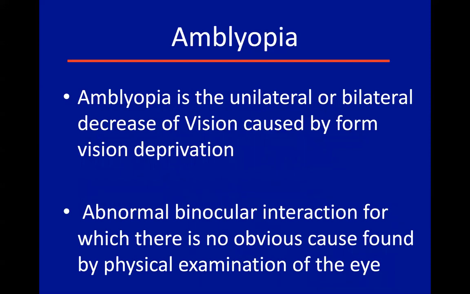Amblyopia is the unilateral or bilateral decrease of vision caused by form vision deprivation, meaning the light stimuli, as I showed you in the nice cartoon, does not reach the occipital lobe. It's an abnormal binocular interaction for which there is no obvious cause found by physical examination of the eye. When you examine the eye, there's no cataract, there's no corneal opacity, there is no retinopathy of prematurity.